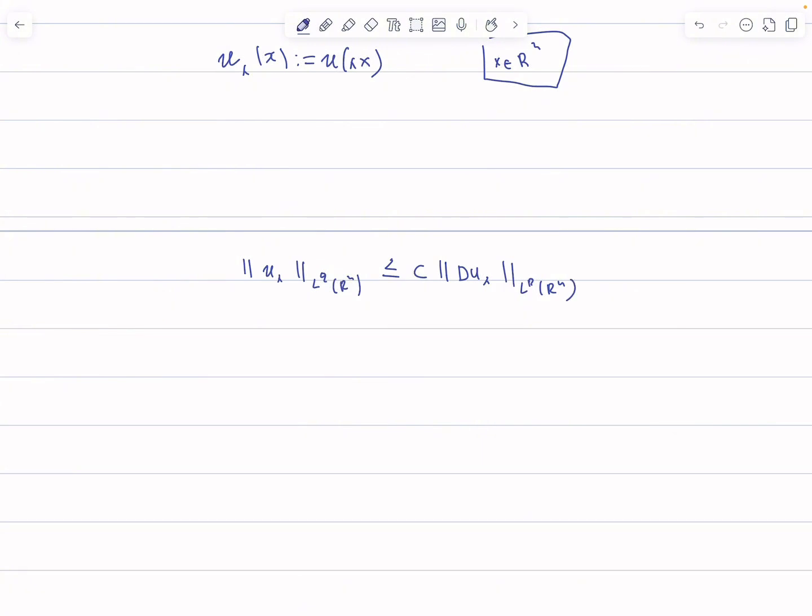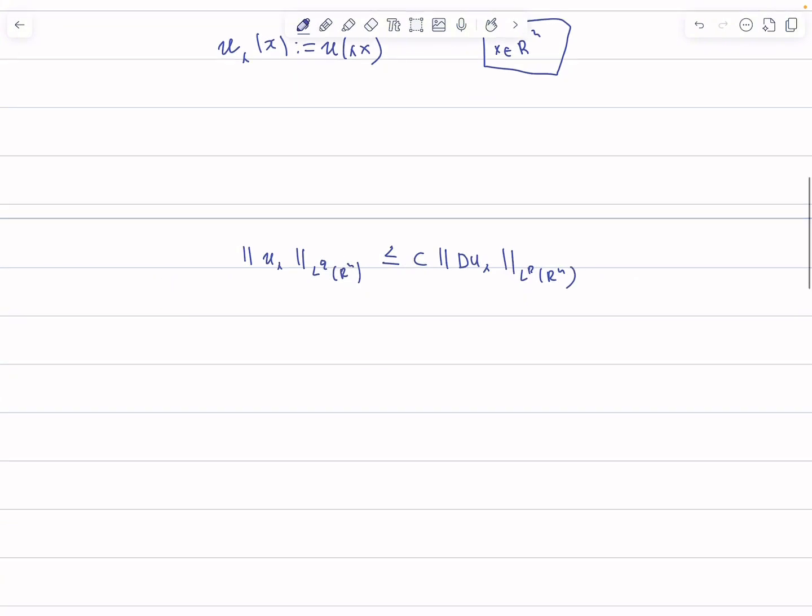Let's write the definition of the L^q norm. The norm of u_lambda in L^q equals the integral of the absolute value of u_lambda to the power q, to the power 1 over q, dx.